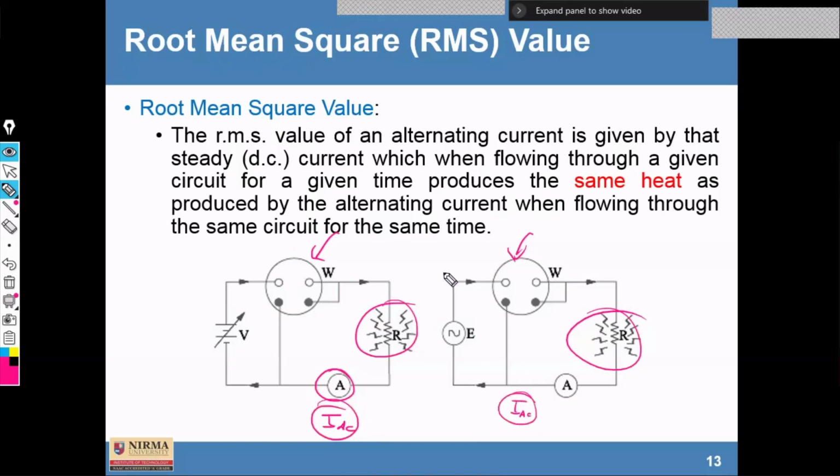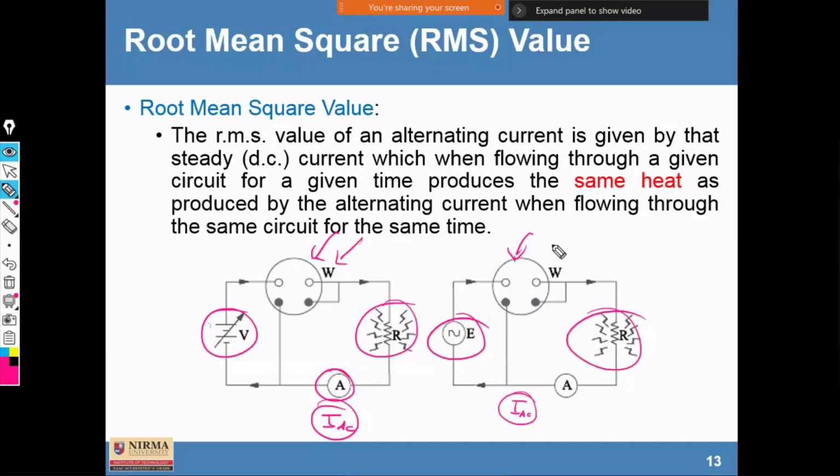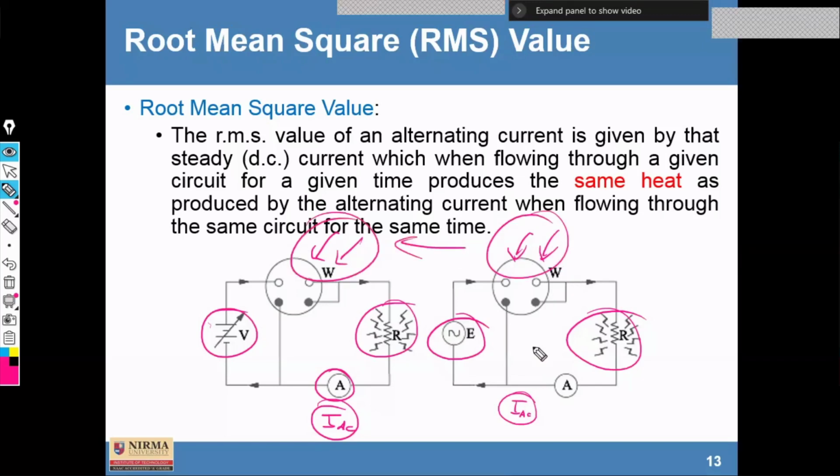So by connecting two different alternating and direct sources, he tried to maintain the production of heat the same in both cases. And as and when he found the same heat in this condition, he found that the direct current is 1 by root 2 times the maximum value.